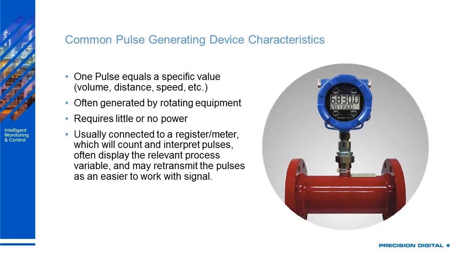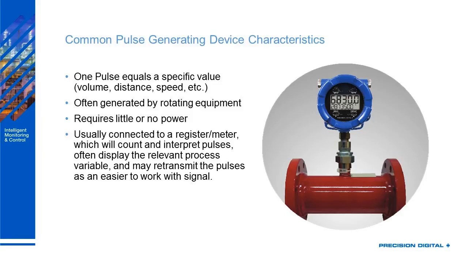And usually these get connected to a register or a meter, which counts and interprets the pulses. So it counts the pulses as they're coming in, and it tracks the rate that the pulses are coming in to get the process variable. And oftentimes that register is then going to retransmit that value somewhere else.